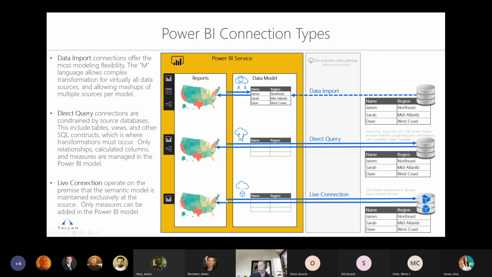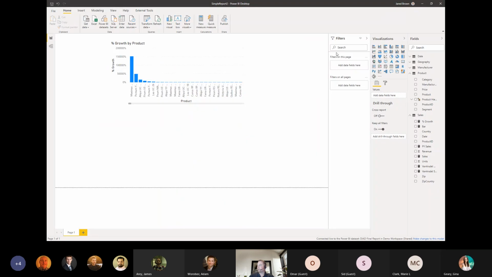This is similar to direct query, but this is when Power BI Desktop, for instance, or a shared data set connects to Analysis Services or a Power BI data set, and you just create a report based on that live connection. So we saw that before, and let me just remind everybody what that looks like.